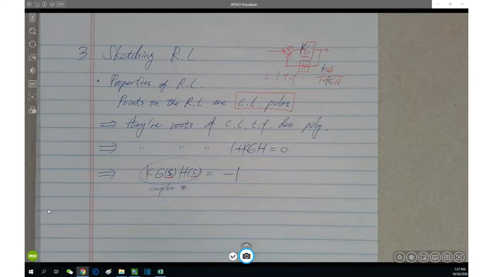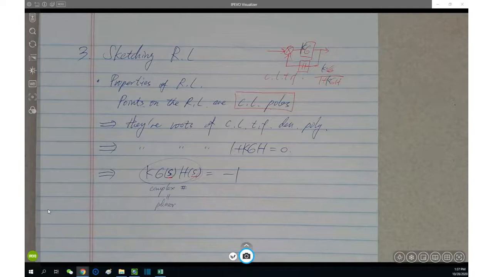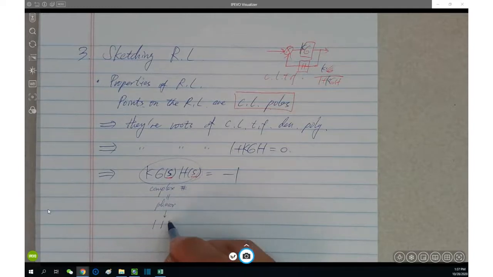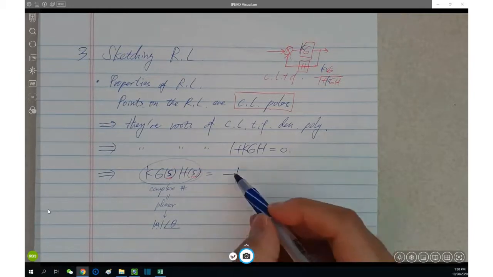And a complex number is mathematically equivalent to what? A phasor. Phasor means you have a magnitude and a phase angle. And this phasor with this amount of magnitude and this amount of phase angle is equal to -1.